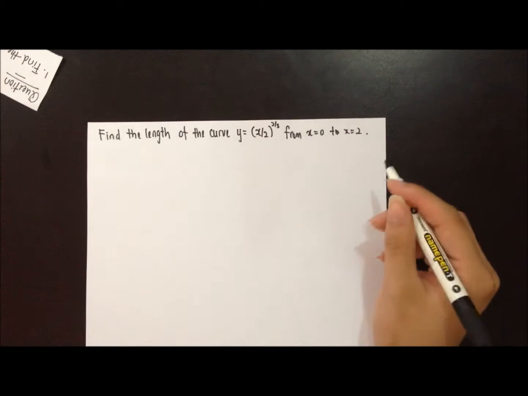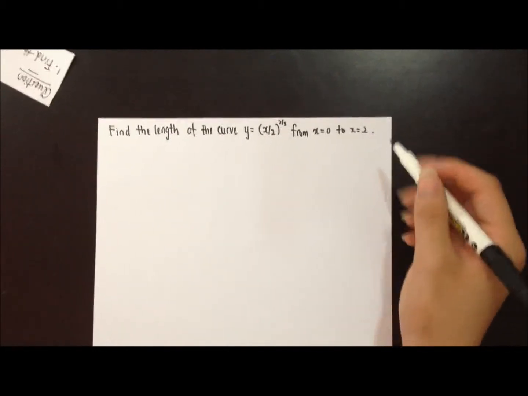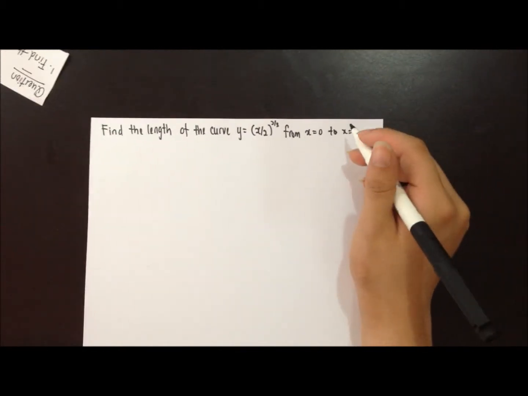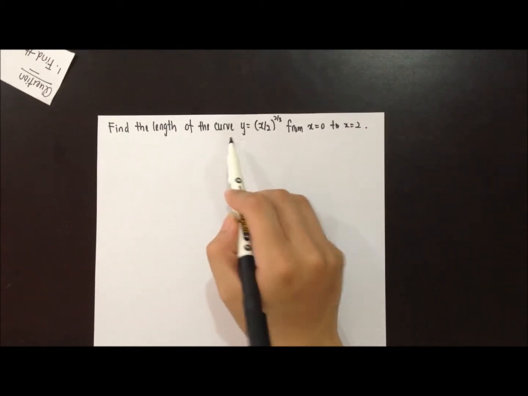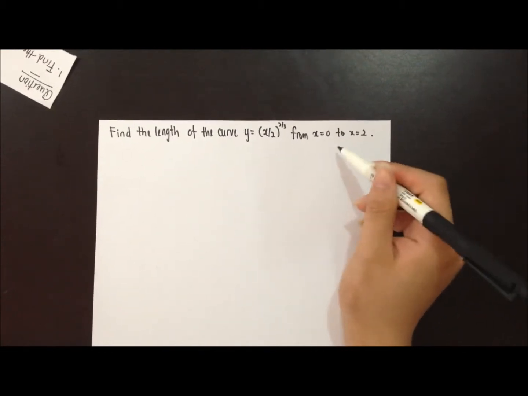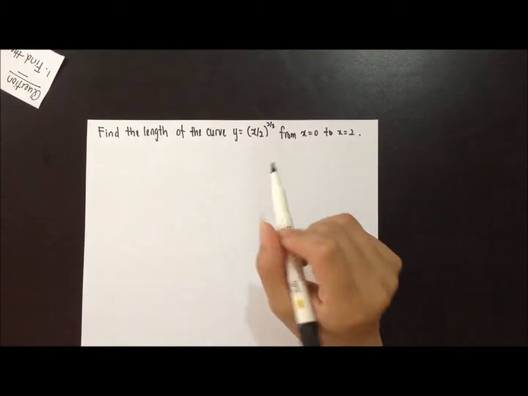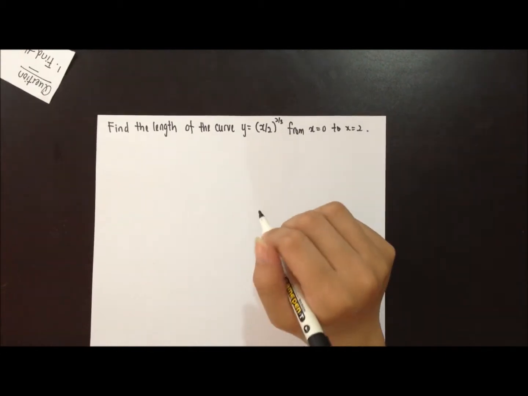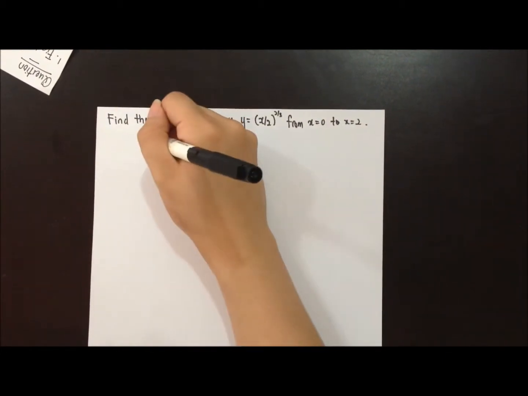Now I will show some examples of arc length questions. Based on this question, find the length of the curve of the function from x equal to 0 to x equal to 2. First, we find the dy/dx of this function.